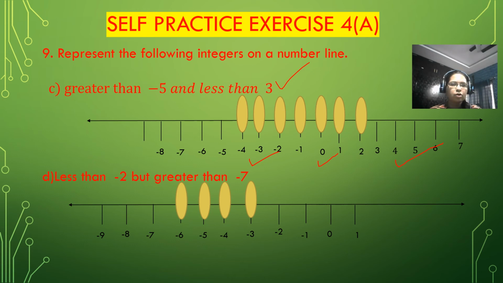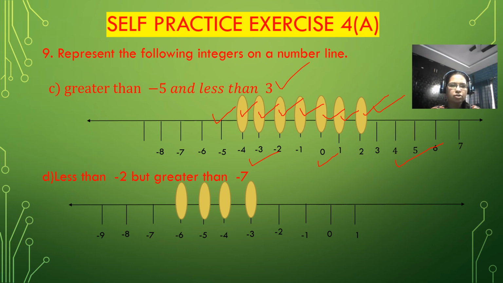Now we have to find the integers greater than minus 5 and less than 3. This is minus 5 and this is 3. Between minus 5 and 3, we have to find the integers greater than minus 5. Greater than minus 5, the integers are minus 4, minus 3, minus 2, minus 1, 0, 1, and 2.